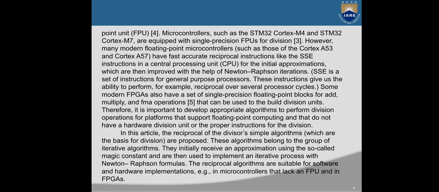Microcontrollers such as the STM32 Cortex M4 and STM32 Cortex M7 are equipped with single precision FPUs for division.